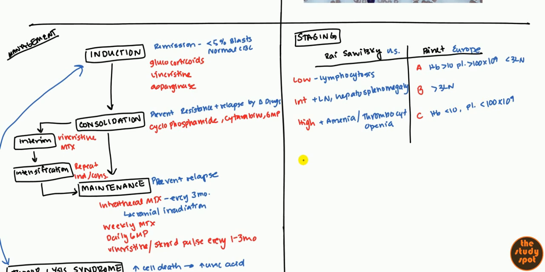So how do you treat chronic lymphocytic leukemia? The problem here is, unlike with acute lymphocytic leukemia, the cells aren't dividing as rapidly, so it's a very slow progressive course, and these types of cells are not as responsive to chemo.